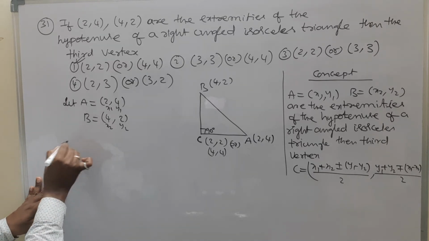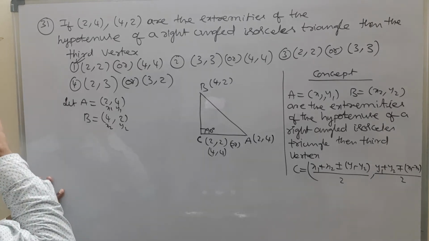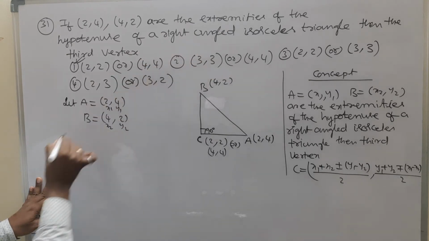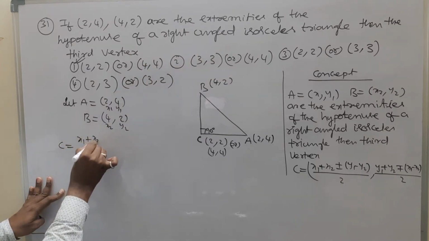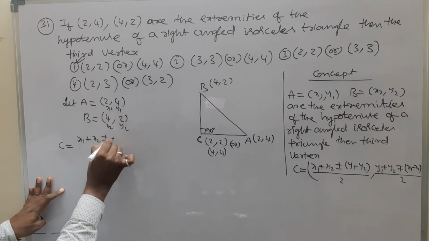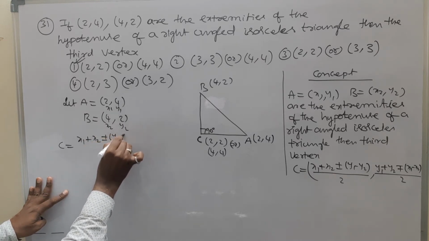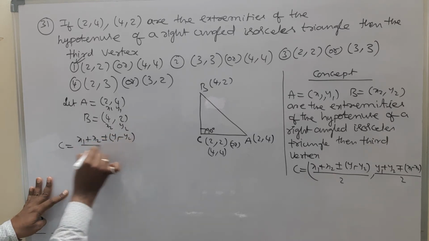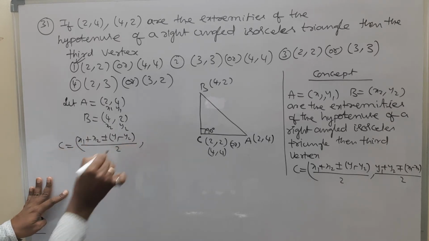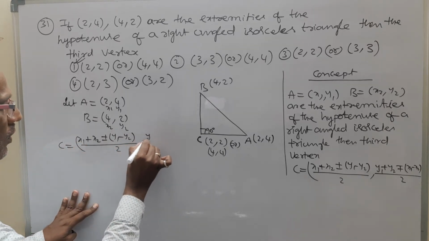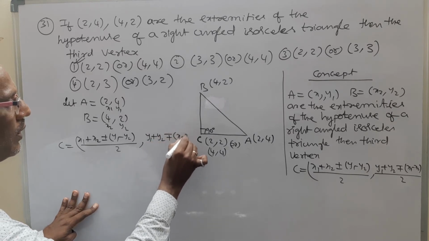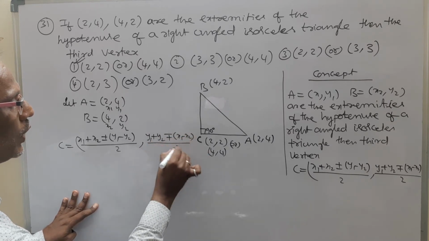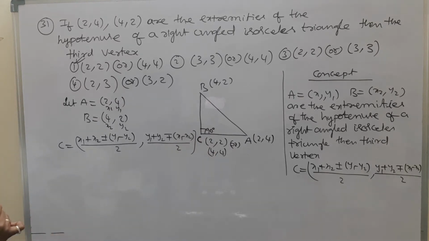By formula, for a right angled isosceles triangle, the third vertex C is equal to ((x1 + x2) plus or minus (y1 minus y2))/2, comma, ((y1 + y2) minus or plus (x1 minus x2))/2. This is the formula.